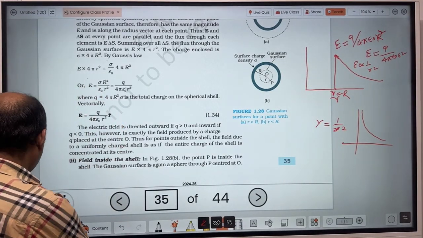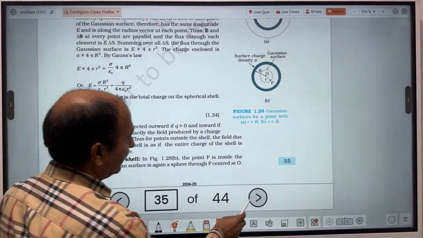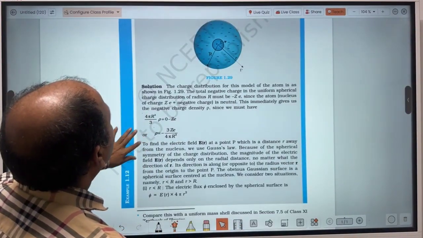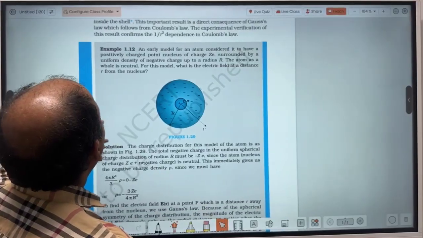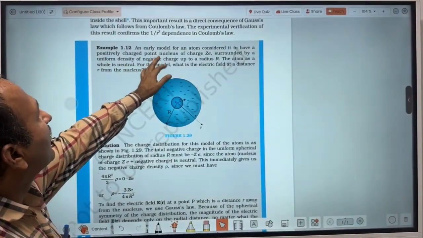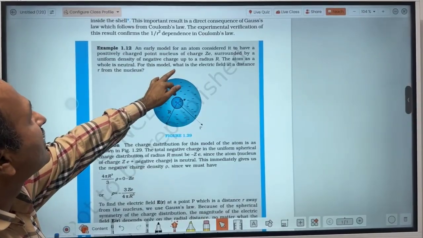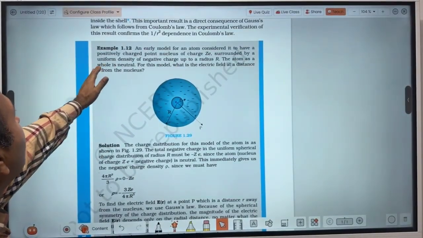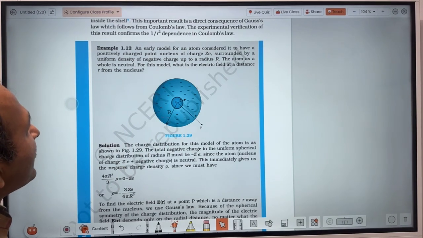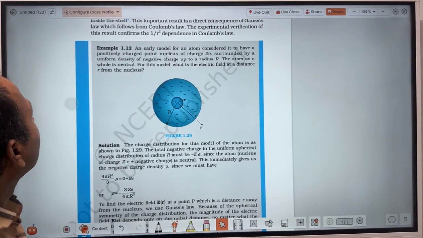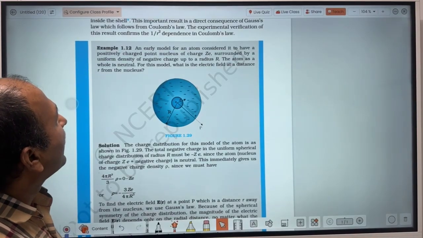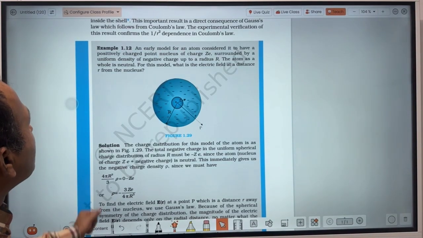Now let's go to the next topic. Here there is one question. The question is, an early model for an atom considered it to have a positively charged point nucleus of charge Ze surrounded by a uniform density of negative charge up to radius R. The atom as a whole is neutral.